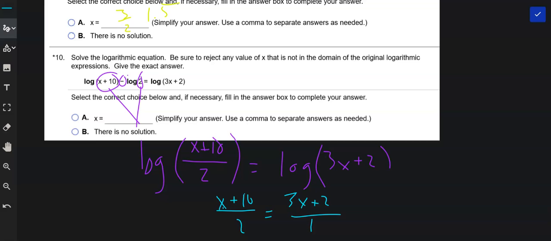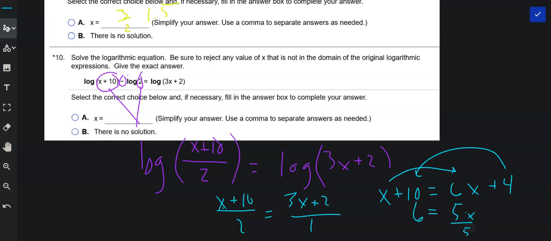So we can cross multiply. x plus 10 equals 6x plus 4. And go through the process, 6 over 5.